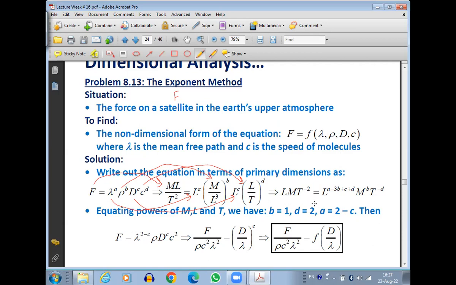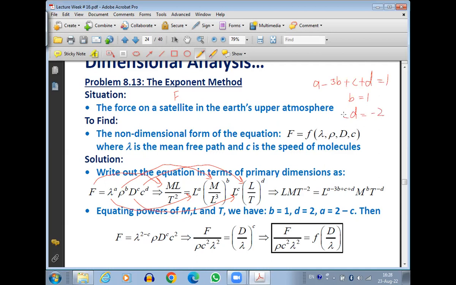The equation for L says that A minus 3B plus C plus D is equal to 1. The second equation, for M, will be B equals 1. And the third equation, for T, will be minus D equals minus 2.